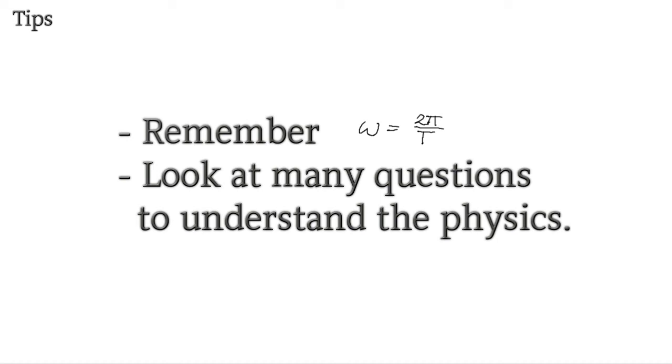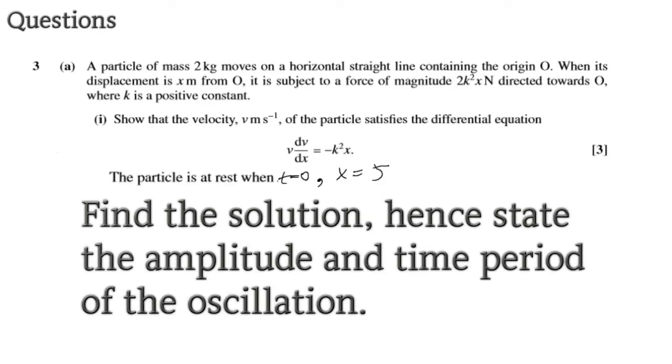So yeah, those are the tips, and let's get on with some questions. I derived the question from a past paper question, and I have this scenario, and you need to find the differential equation that's shown in part 1. I've stated the initial condition for the particle where its velocity is 0 with displacement 5.